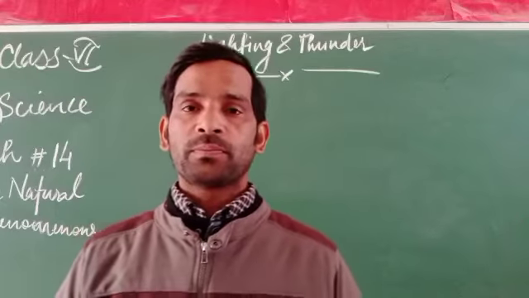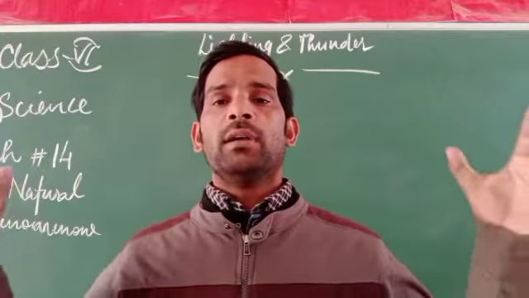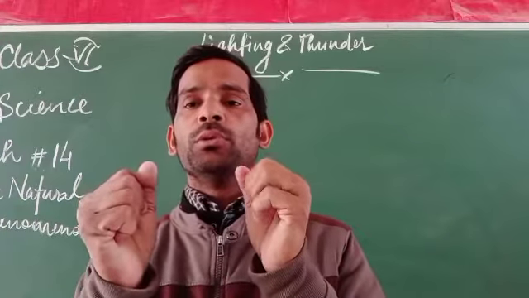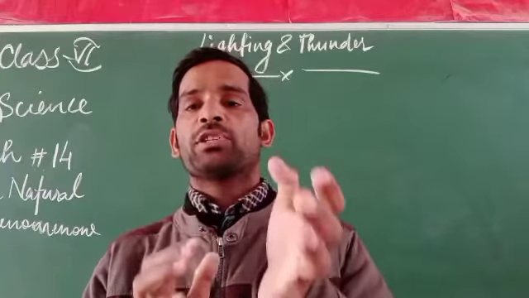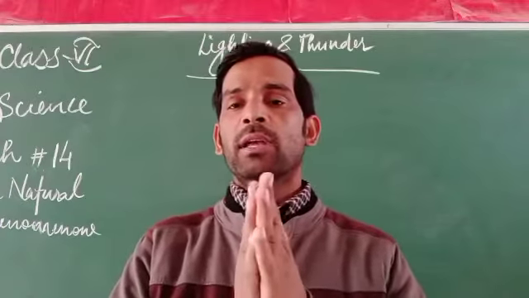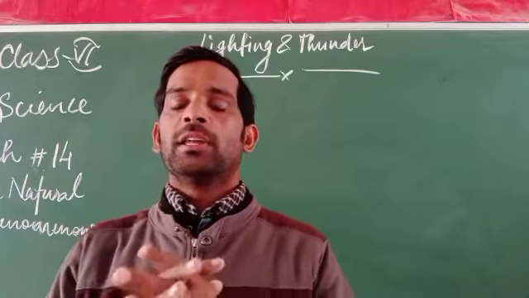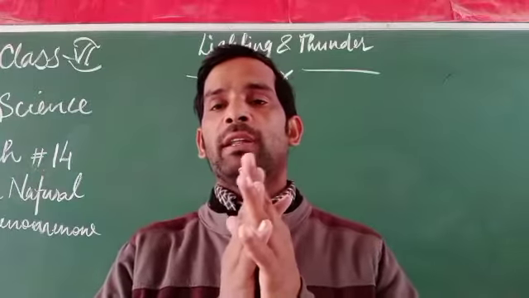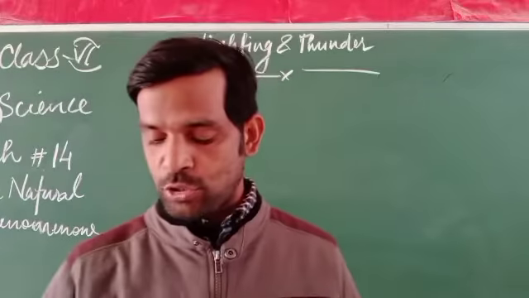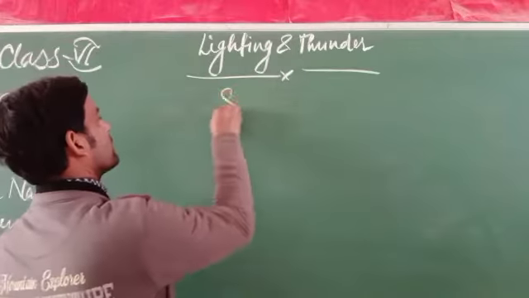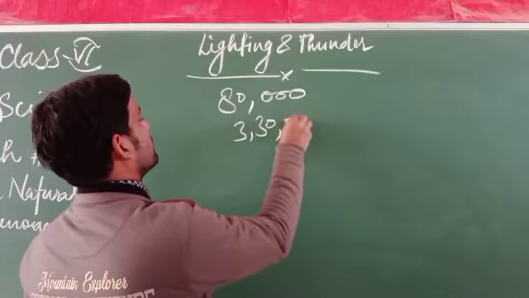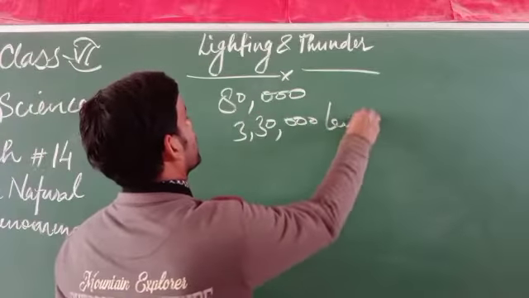For their attraction or striking to one another, due to the high temperature created by this rubbing or striking, when the charged particles strike one another, the temperature rises to about 80,000 to 3,30,000.